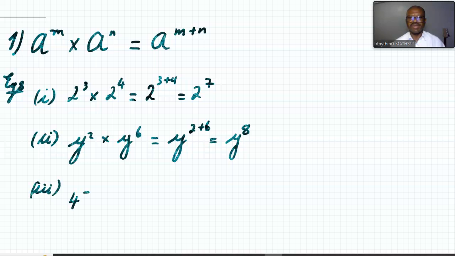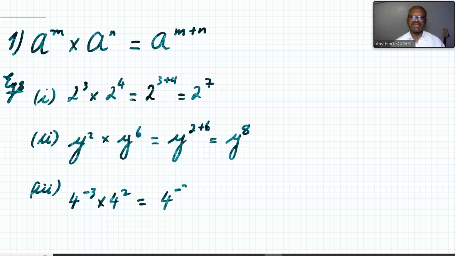4 raised to the power negative 3 times 4 raised to the power 2. Now be careful when you are dealing with negative numbers because you can easily make a mistake. It can trip you up. We're dealing with base 4, so we put the 4 down.